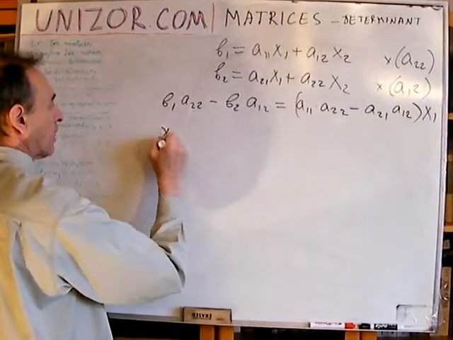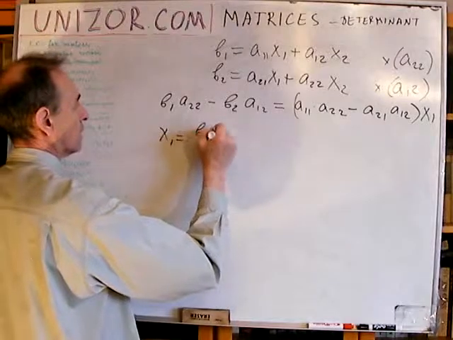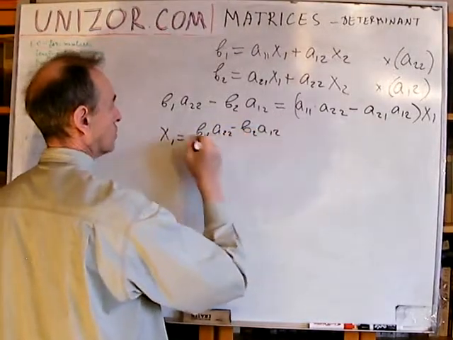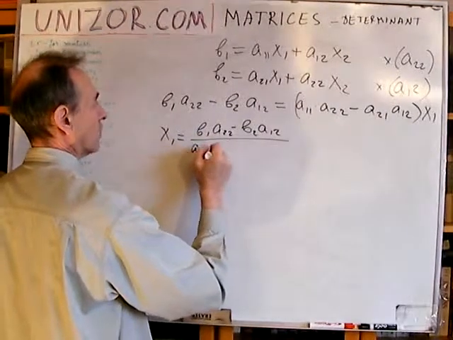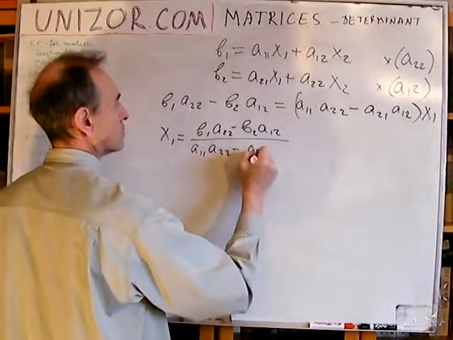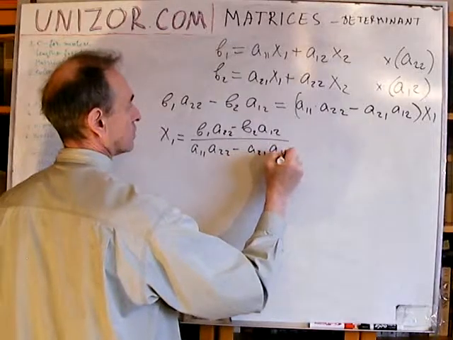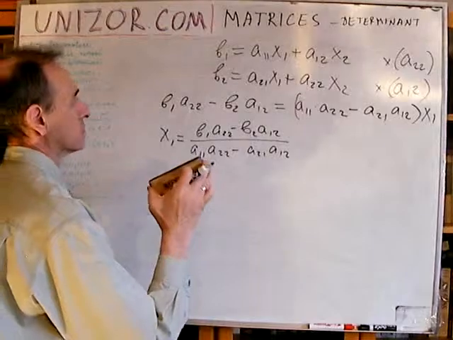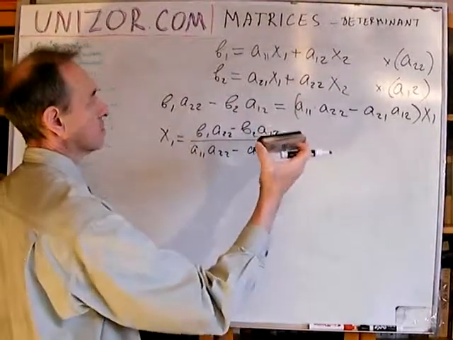From which we can derive that x1 is equal to (b1 a22 minus b2 a12) divided by (a11 a22 minus a21 a12). Great.